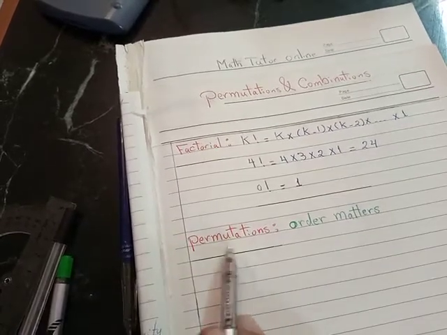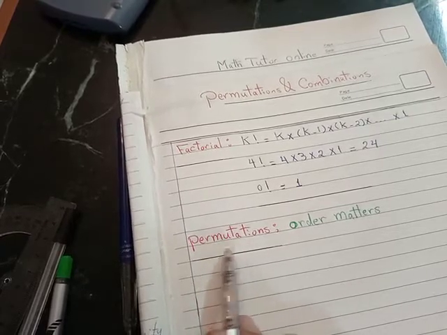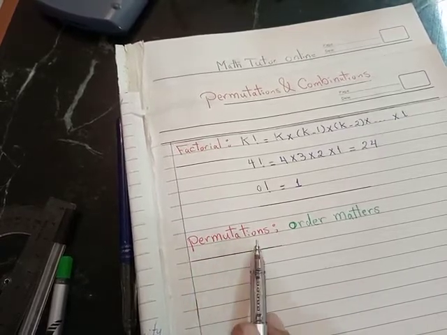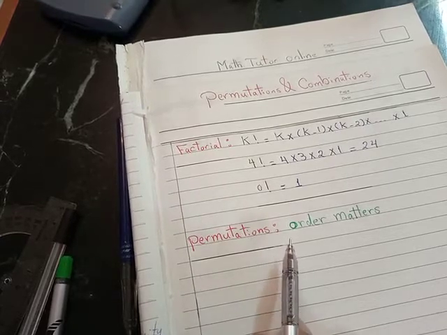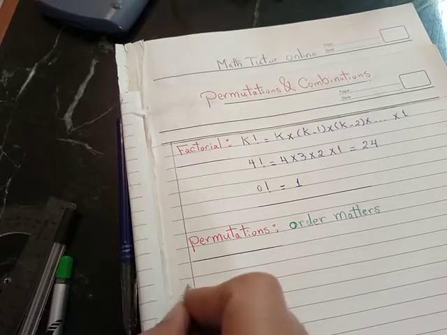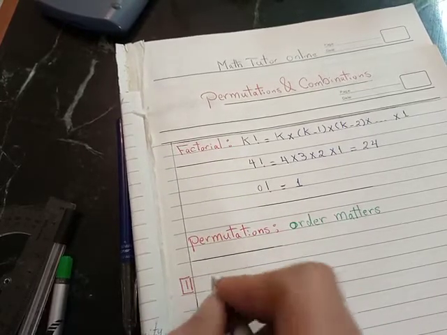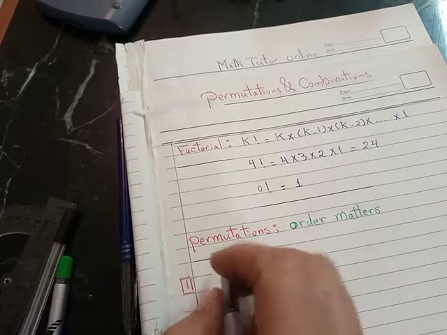We will just know before we start the example that there are two kinds of permutation: permutation with repetition and permutation without repetition. So let's study the first case, with repetition.